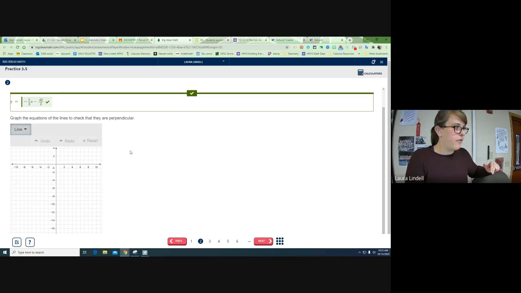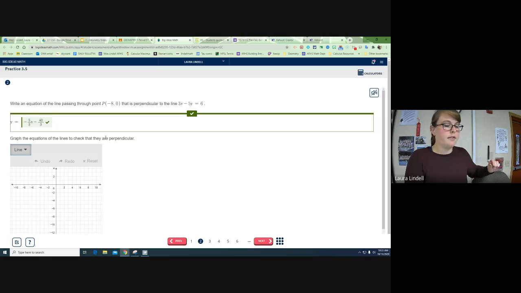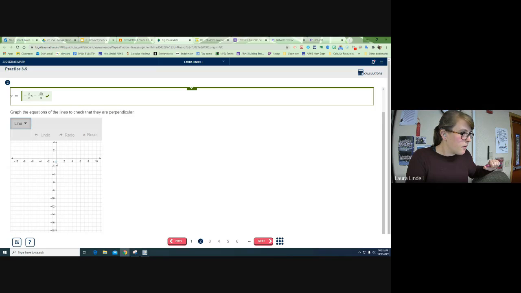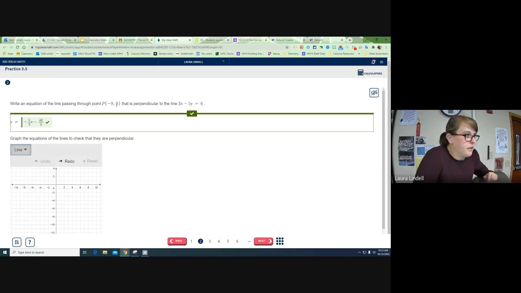Graph a line. So we want to graph both of the lines to check that they are perpendicular. So first, this original line was y equals 3/5 x minus 6/5. And then our other line was passing through negative 8, 0.